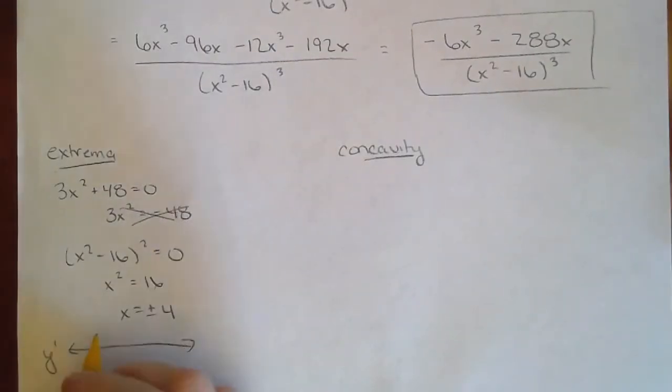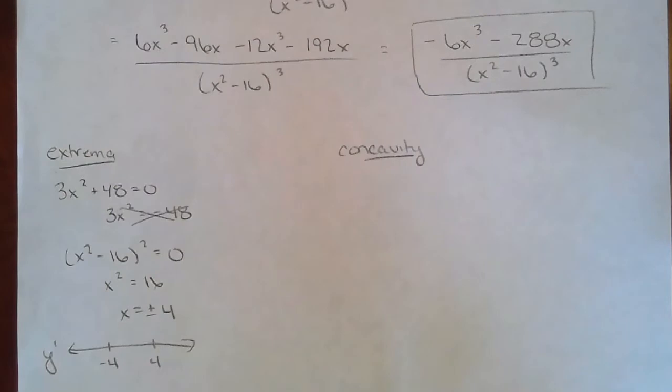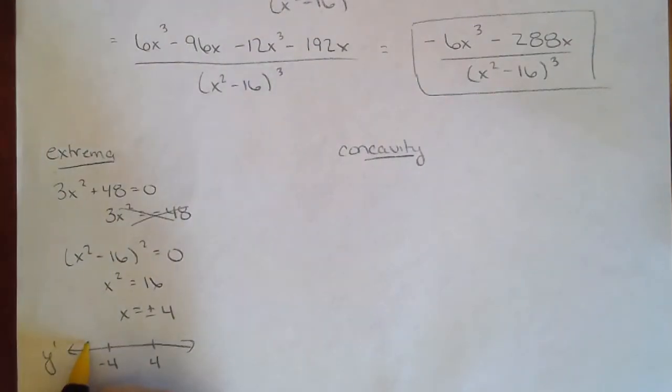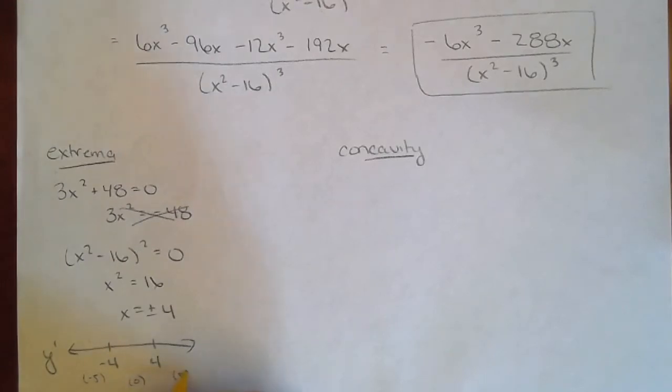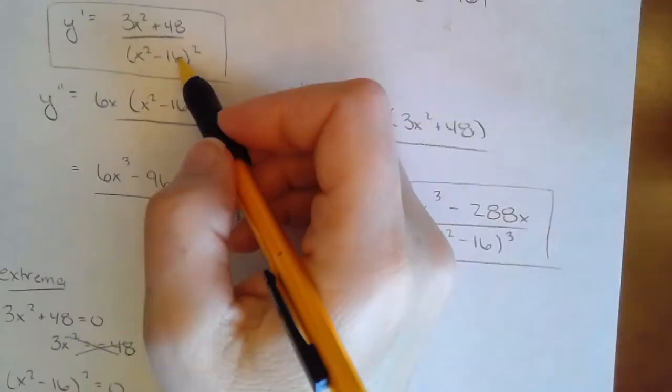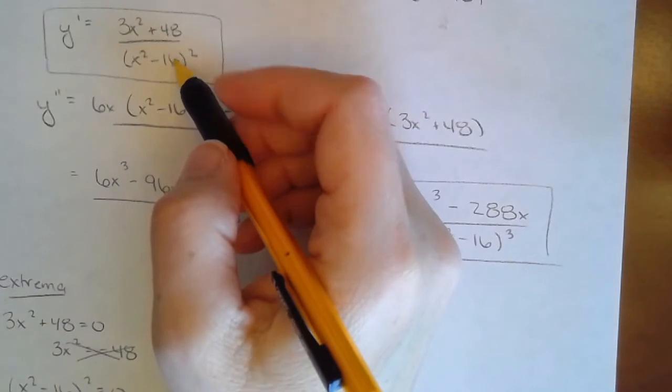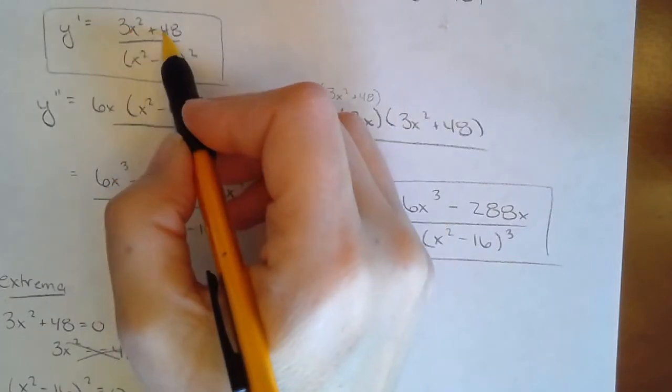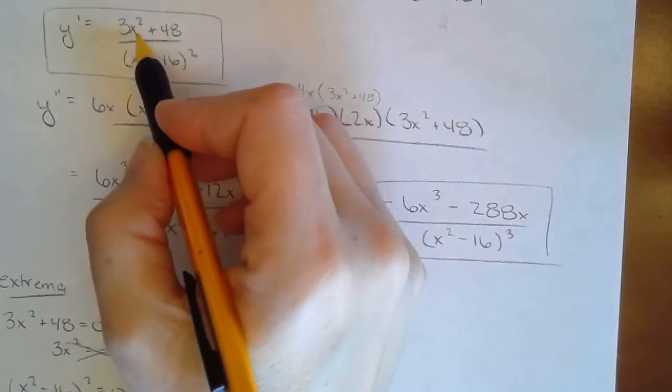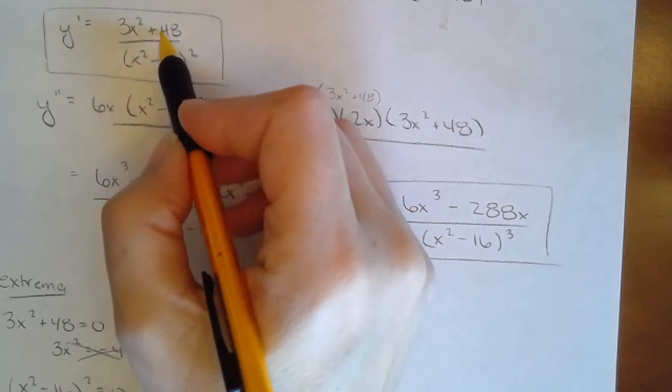So why do we want those numbers? Because those are our critical numbers. So on either side of our critical numbers, what happens to the function? So we're going to take something back here and plug it in. I'm going to try maybe -5, and then I'm going to try a 0, and then I'm going to try a 5, and plug that into my first derivative. I notice that the numerator is always positive. You're squaring something, multiplying it by 3, and adding 48.